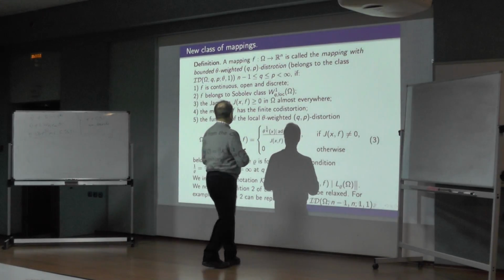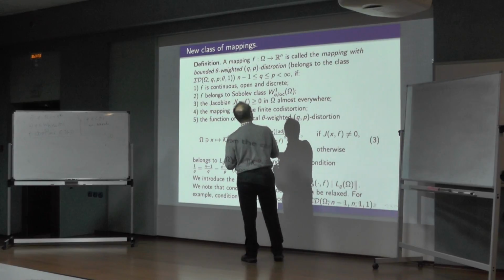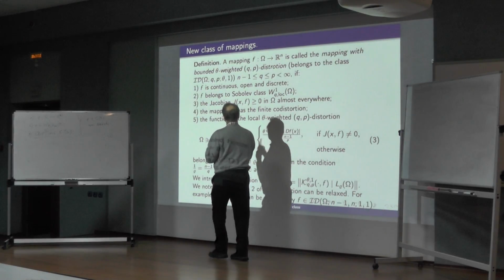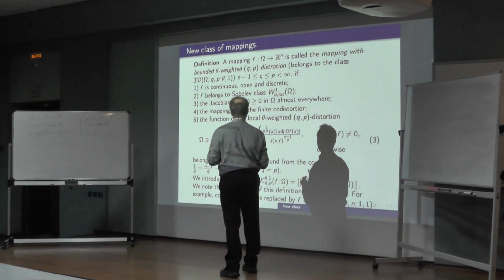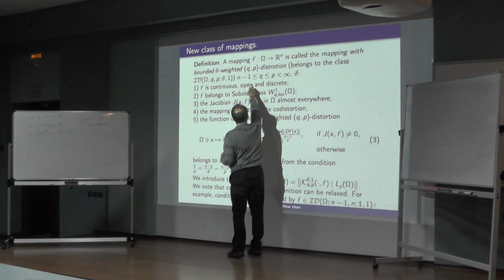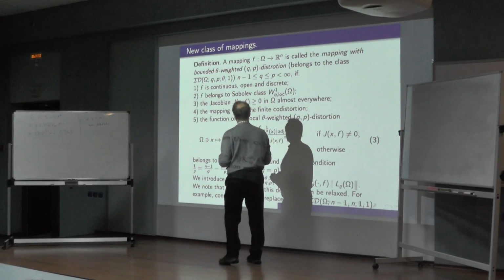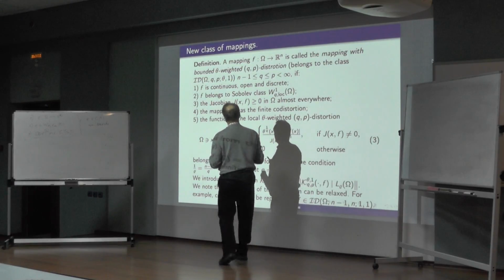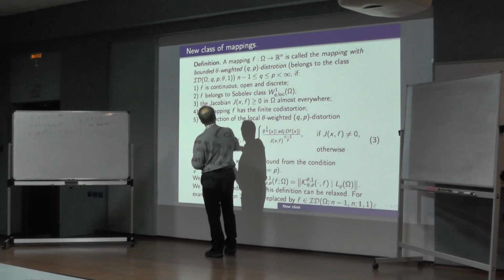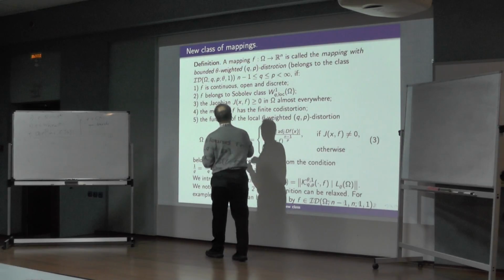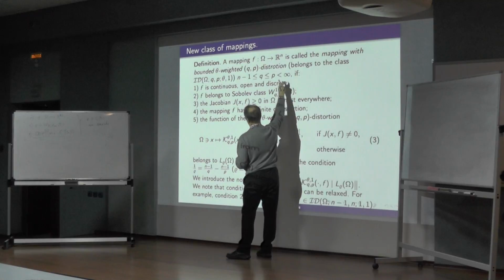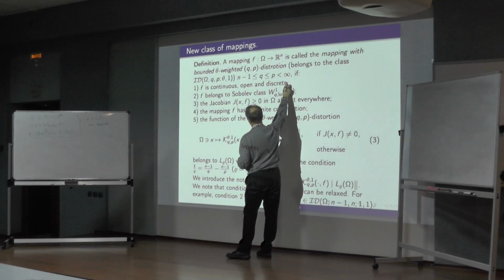In the general case, we have a family of mappings depending on two real parameters, between minus 1 and infinity. And what we need to request for this mapping is to be continuous, open, and discrete. Then it belongs to the topological properties.